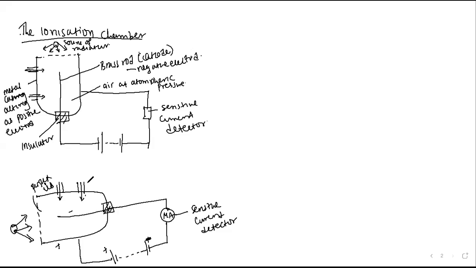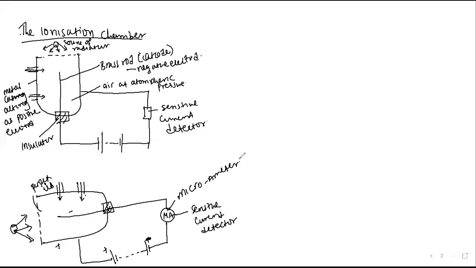And then the current flows into the external circuit, is detected by a sensitive meter. The sensitive meter, one can say the microammeter. This is the microammeter because of the mu. So one can say it's a micro what? Ammeter.